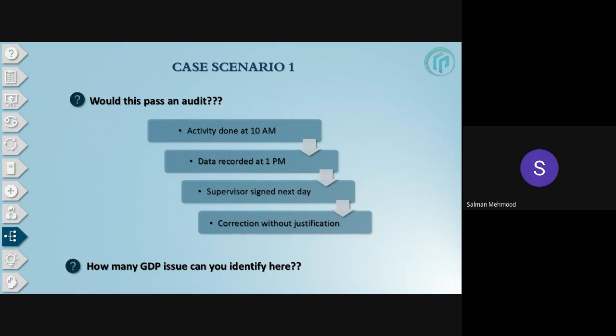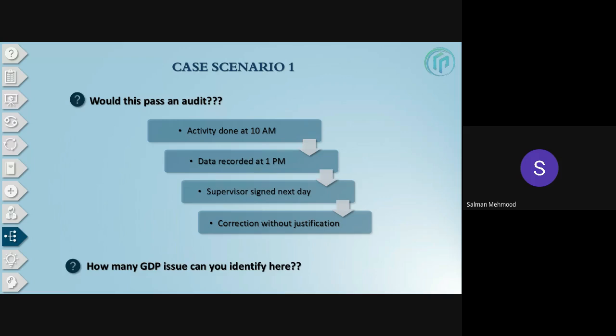Yes, in this case, basically someone performed the activity in the morning at 10 a.m., but the data was recorded at 1 p.m. The first GDP issue is that real-time data recording is not being followed. Second is that the supervisor signed the next day. So this is also a GDP issue.